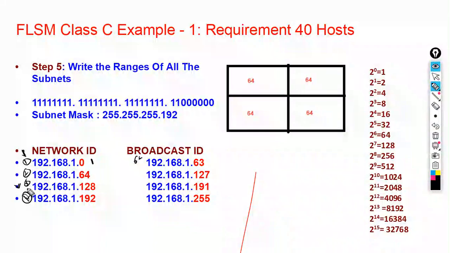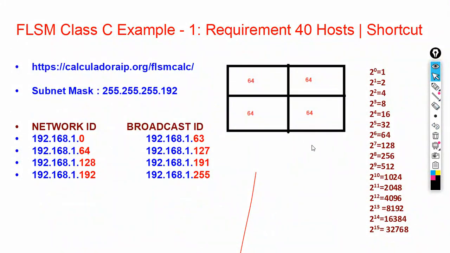What is the first valid IP address of the third subnet? 129. And the last valid IP address? 190. And guys, remember, the first valid IP address you should always assign to the router. Then from the second valid IP address onward, they will be assigned to the other end devices like PCs, servers, printers, etc.